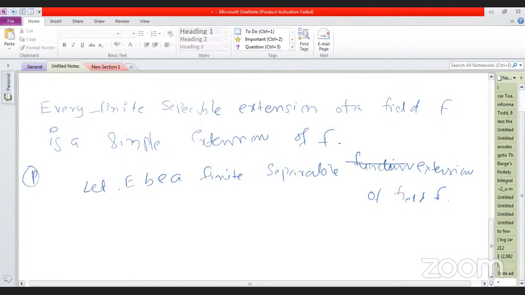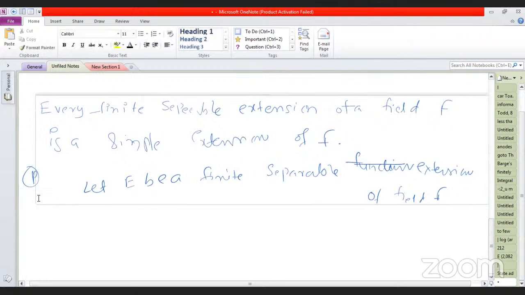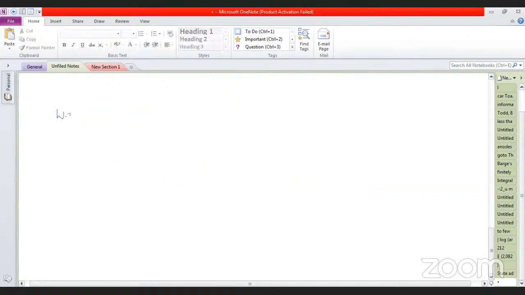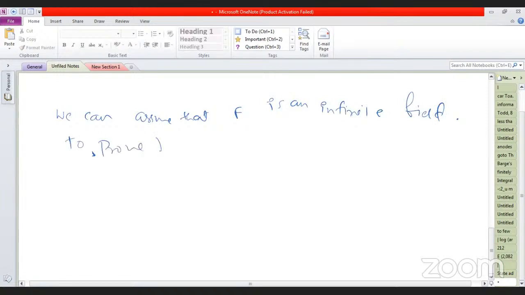By the hypothesis, we can assume that F is infinite. Therefore, that is a field, infinite. To prove the theorem, we have to prove it.